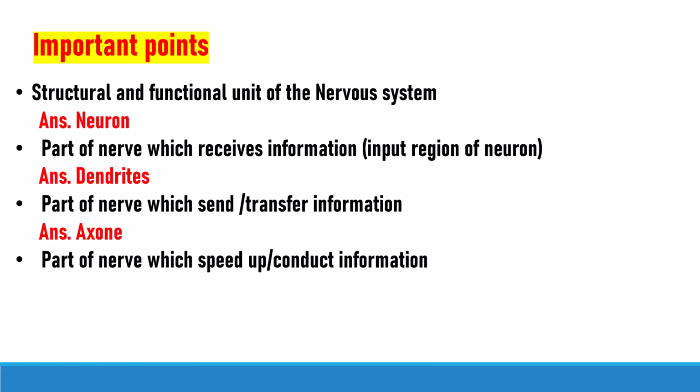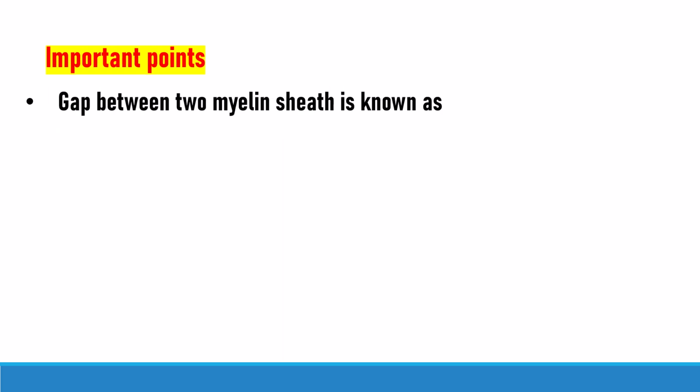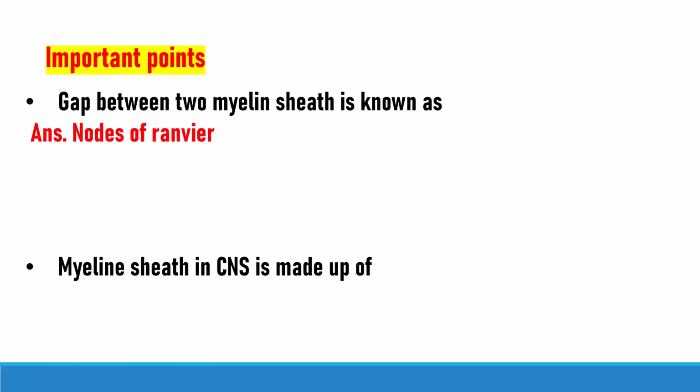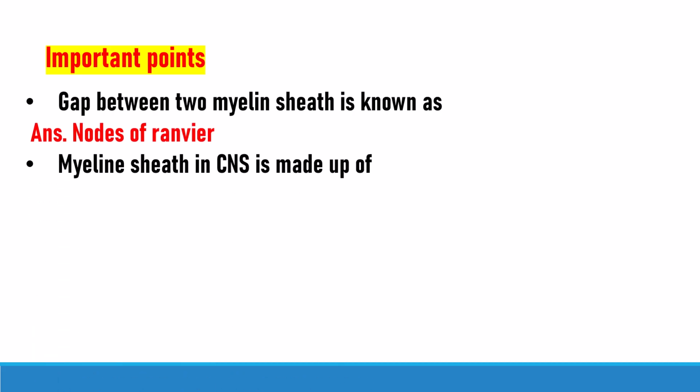Part of nerve which speeds up or conducts information. The answer is myelin sheath. Gap between two myelin sheaths is known as nodes of Ranvier. Myelin sheath in central nervous system is made up of oligodendrocytes.